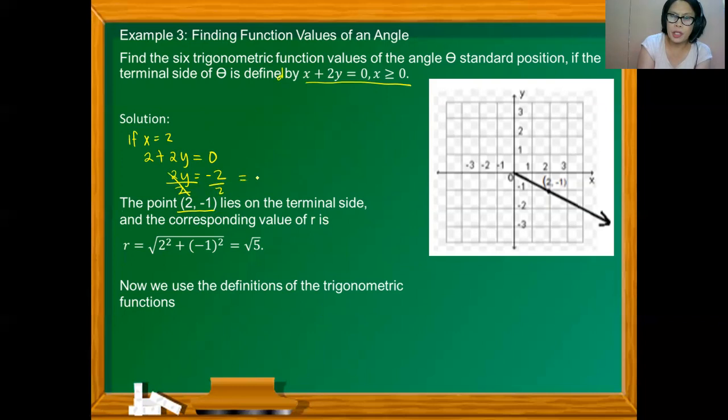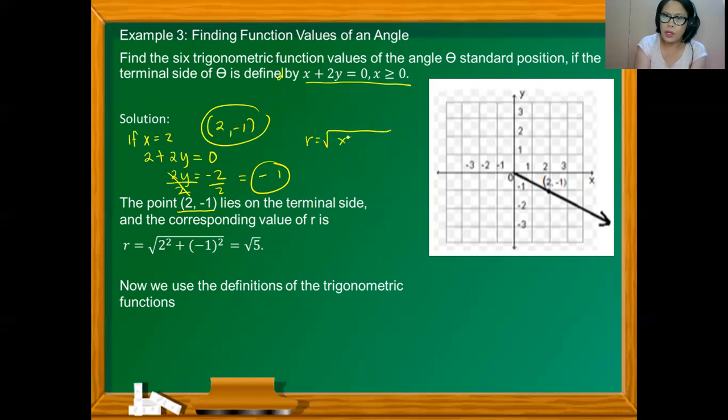And y is -1. So we have a point on the terminal side, which is 2, -1. So the point 2, -1 lies on the terminal side, and the corresponding value of r is, so we know that r is the square root of x squared plus y squared. Substituting x and y here, we got square root of 5. So this is our r.